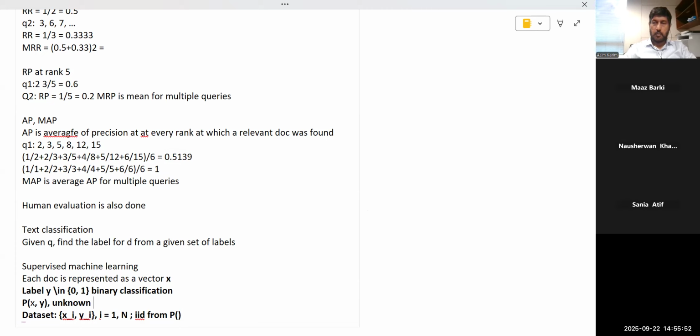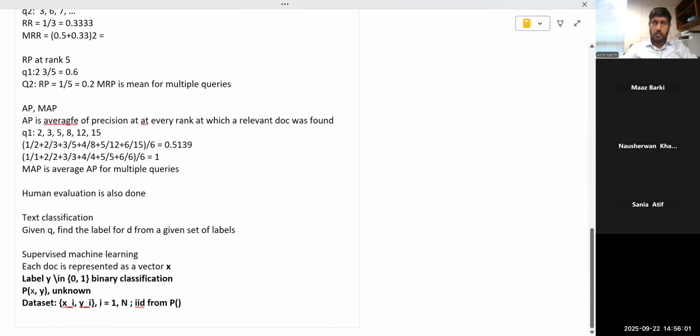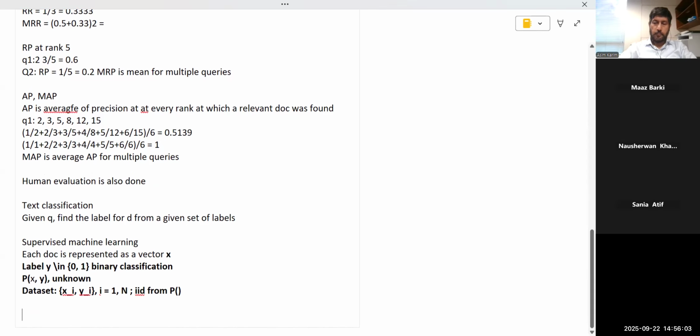Okay. So we usually have this data set and we don't have the distribution. So our task would then be to learn or estimate that distribution from this data set.